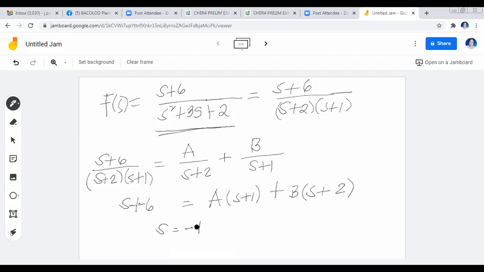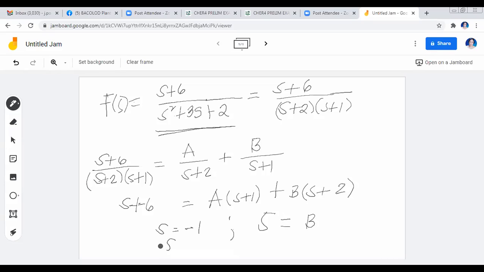So if you set s as negative 1, the left side would be 5. This will be 0, and in here you will have B, because negative 1 plus 2 is 1. So B is equal to 5.